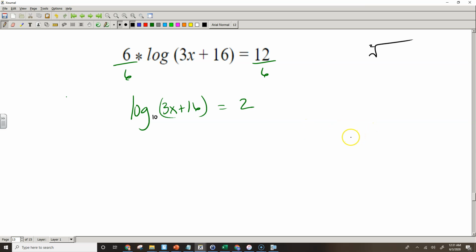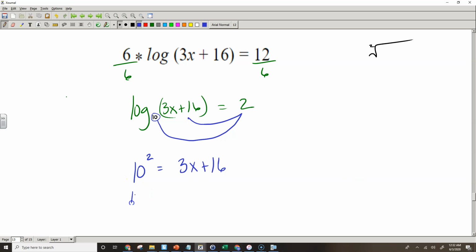But now we do the same thing as that last problem. How can we rewrite this problem so it's easier to solve? Let's rewrite it in exponential form. So our base is 10 and we're going to shark fin it. We're going to say 10 to the 2 equals 3x plus 16.